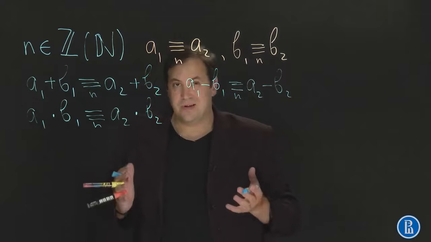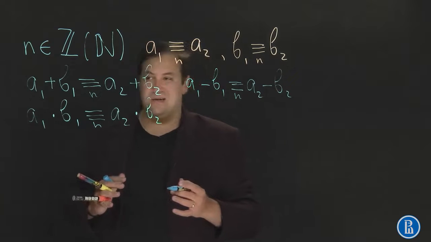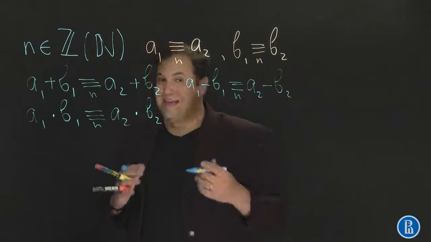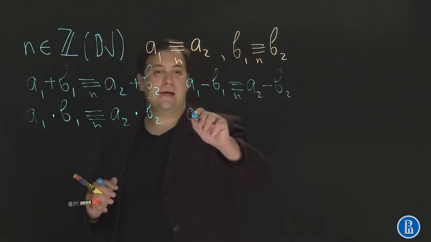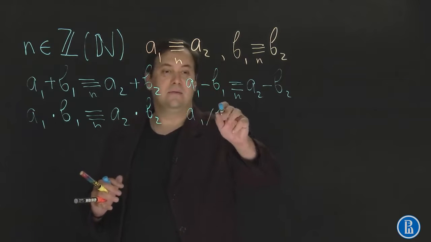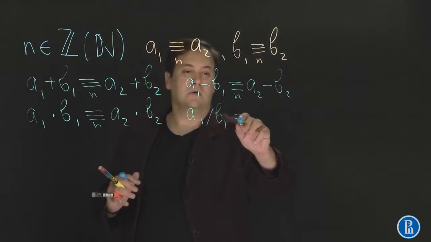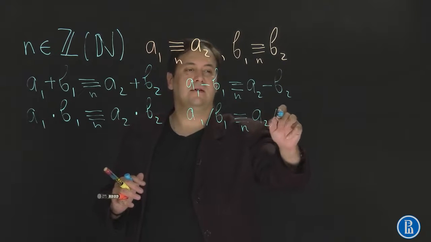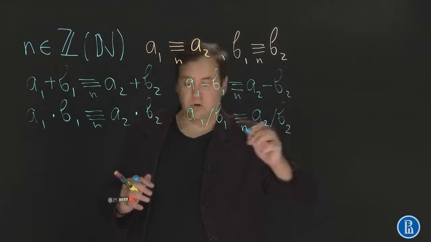And the fourth arithmetic operation, which is the trickiest one, is the division. We may expect that a1 divided by b1 be congruent modulo n to a2 divided by b2.